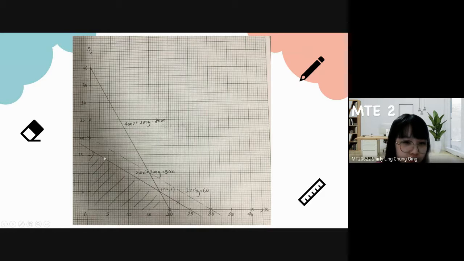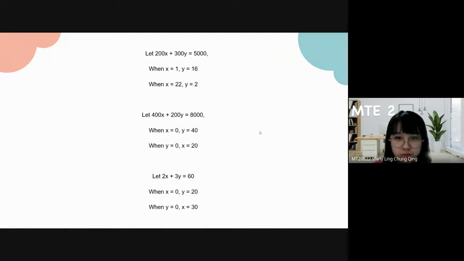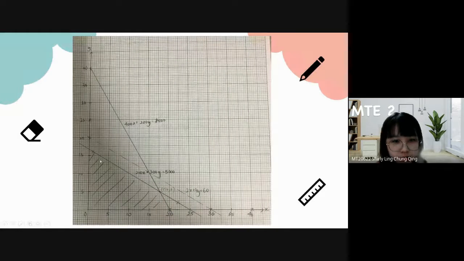We can determine the feasible region because the first equation and the second equation are less than or equal to, so the feasible region is here.